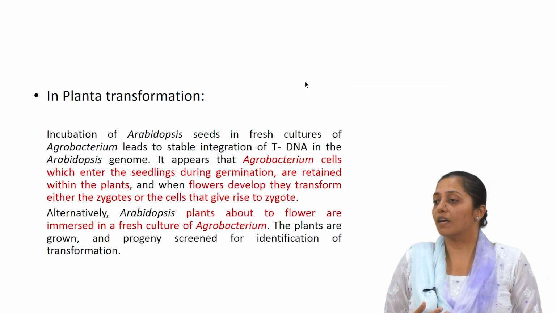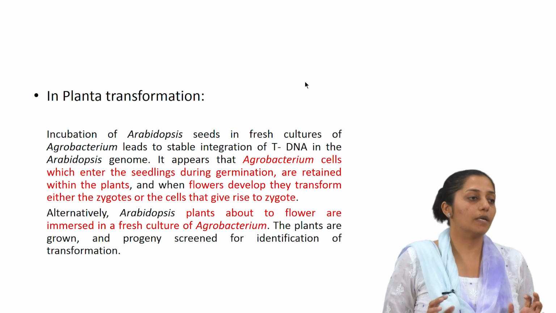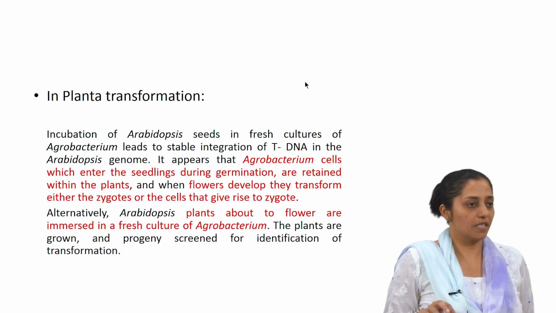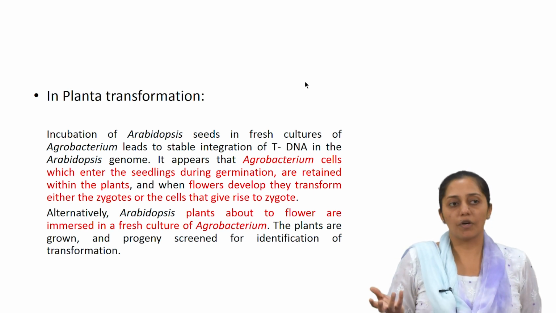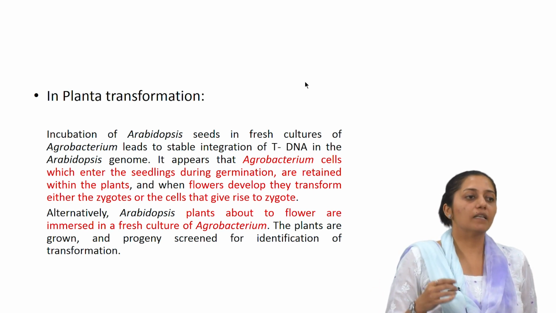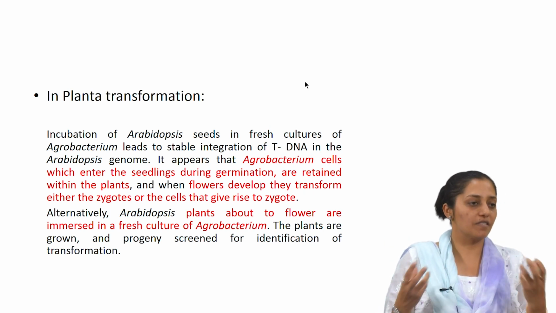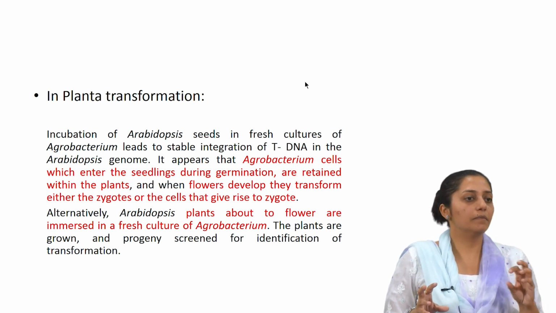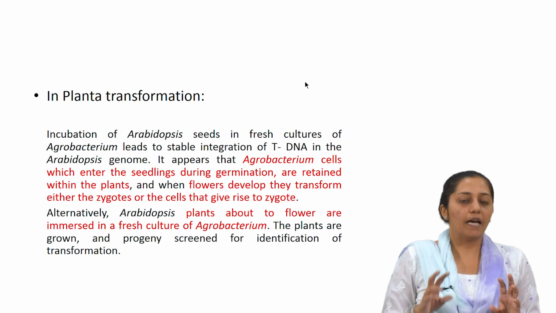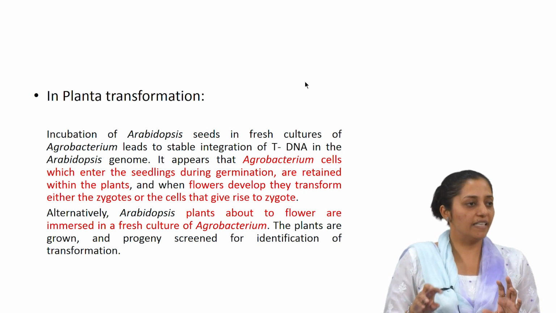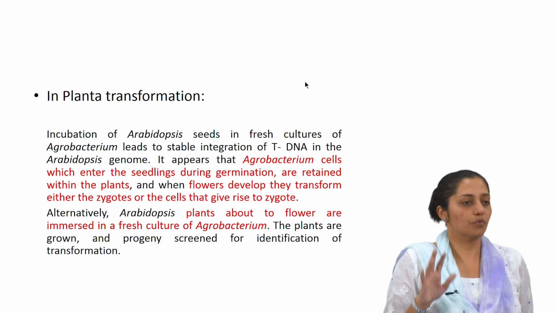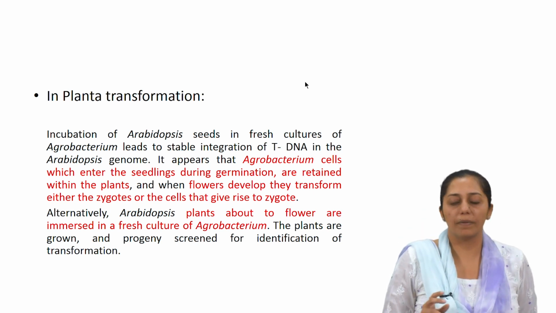Then in planta transformation, generally used is the floral dip method, in which the flower is dipped in the Agrobacterium suspension and then kept for incubation for some time. Either that, or the seeds themselves can be surface sterilized and dipped in the suspension, such that the Agrobacterium can transform the seeds, and once they regenerate or when the seedling comes out, they infect the tissues, the aerial parts or the ground part regions.